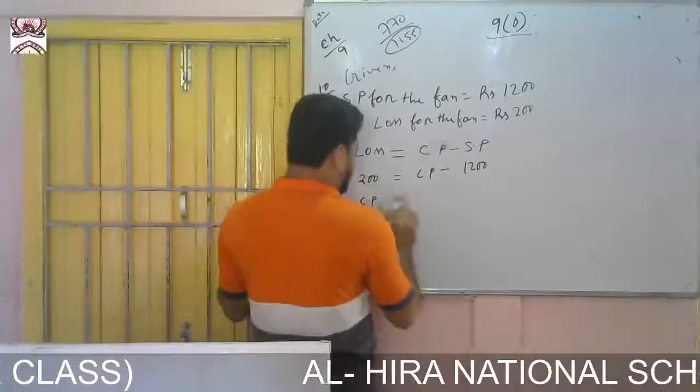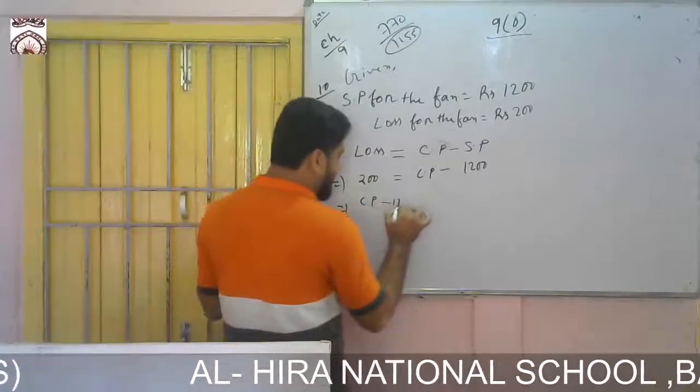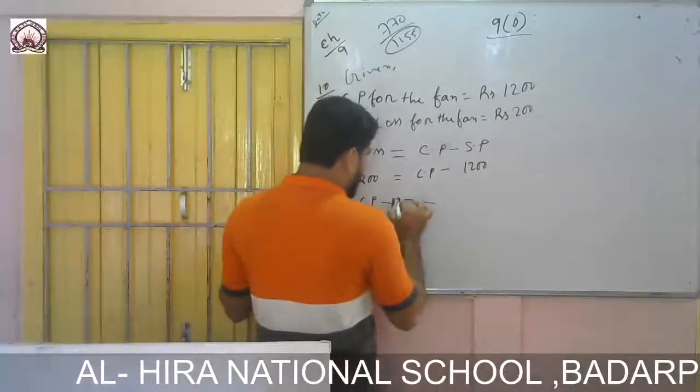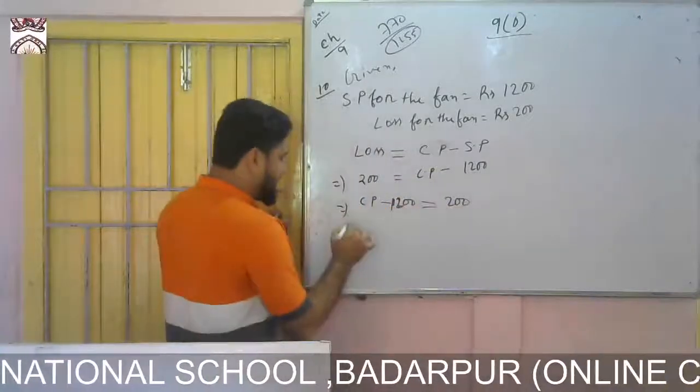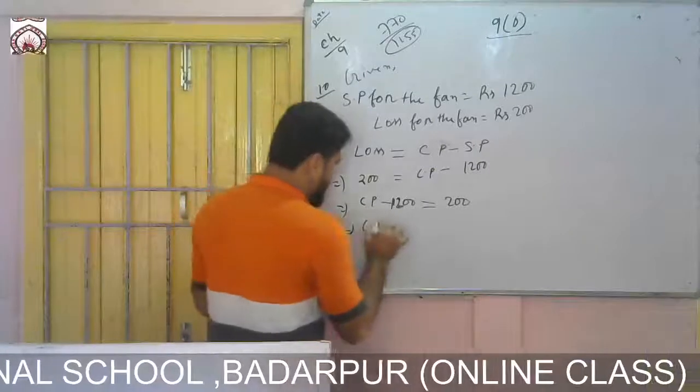CP minus 1200 equals 200. I have just interchanged because I need to find CP.